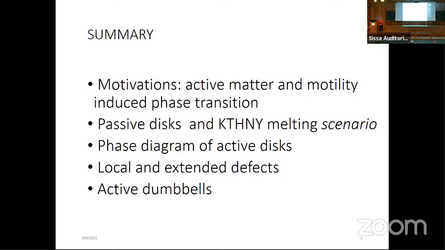So there will be some introduction and then some results about the phase diagram of disks and of elongated molecules. And the main line of this talk will be to put these results in connection with what is known in the melting transition for hard disks, and with what is known from the Kosterlitz, Thouless, Halperin, Nelson and Young theory.